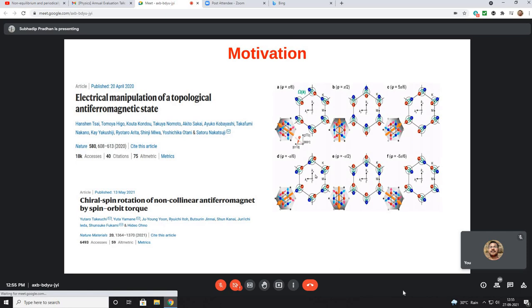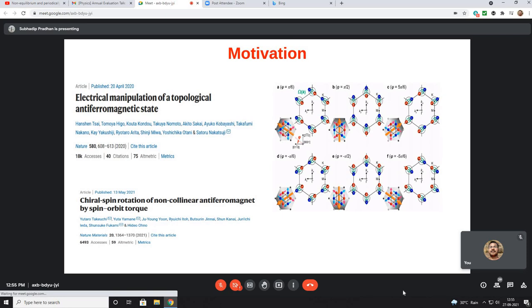So they have studied that if there is an electrical manipulation, then these antiferromagnetic spins can feel a spin orbit torque, so they will be rotated. So the magnetization direction can also be rotated by an electrical manipulation.